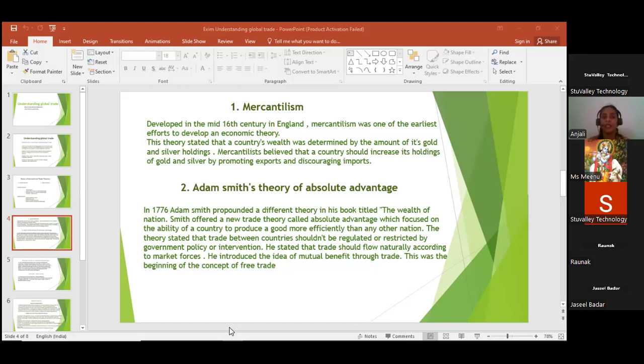For example, the British people used to take raw sugar from India, refine it, manufacture it there, and then export the refined sugar back to India at a higher price.